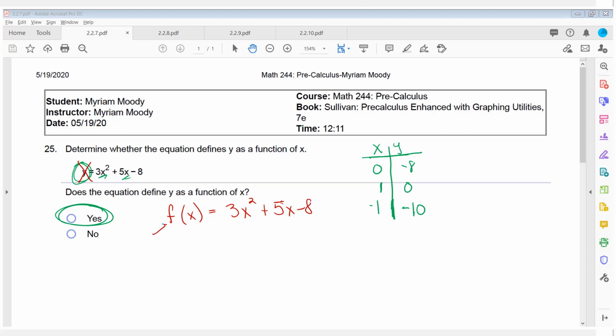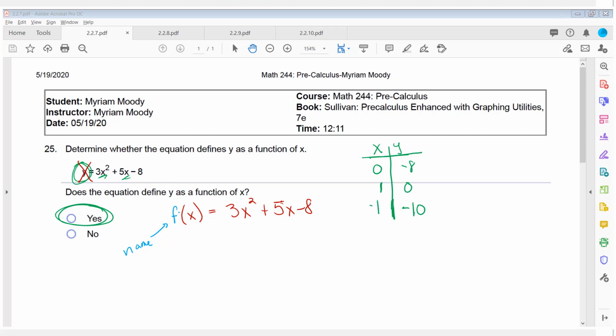F is actually the name of the function. I could have called it G. I could have called it H. I could have called it K. I could have called it whatever I wanted to. But most of the time we call it F. And why do you think we call it F? Yeah, because F stands for function.